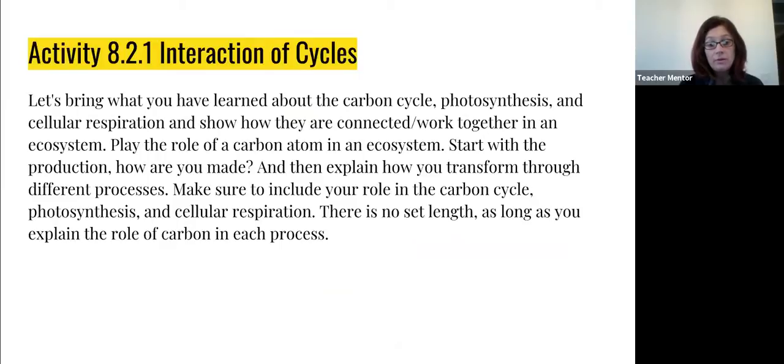You're going to play the role of a carbon atom in an ecosystem. Start with the production. How are you made? Then explain how you transform through the different processes. Make sure to include your role in the carbon cycle, photosynthesis, and cellular respiration. There is no set length as long as you explain the role of carbon in each of these processes.